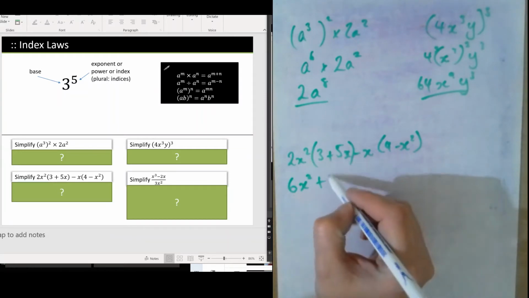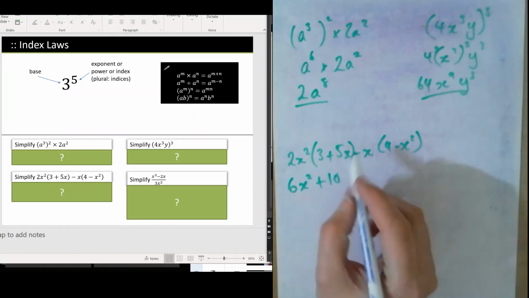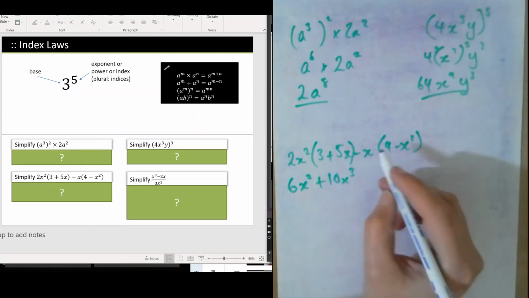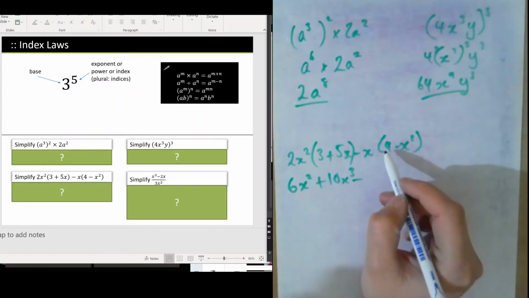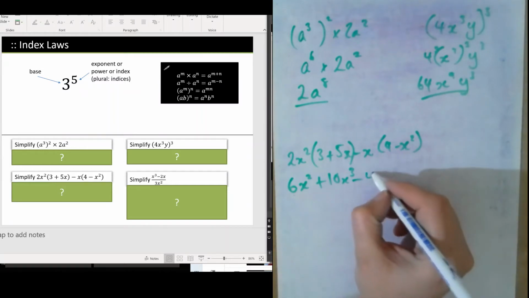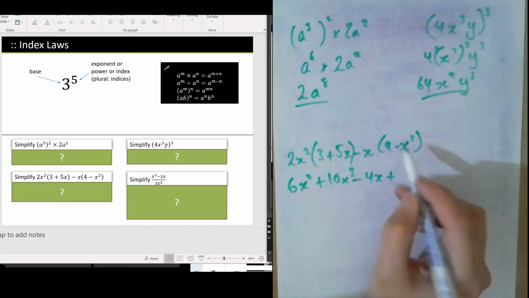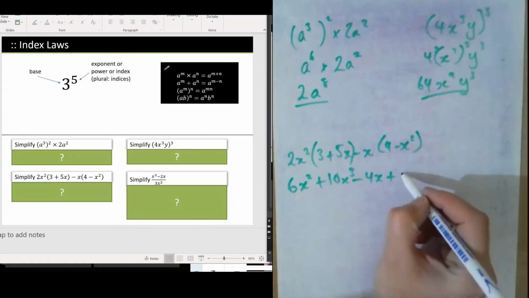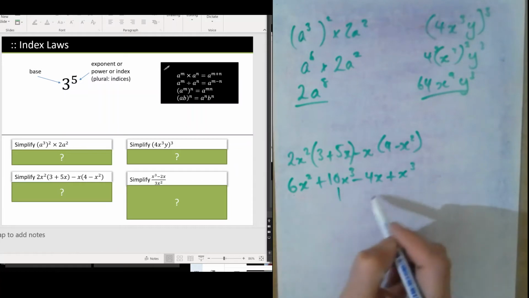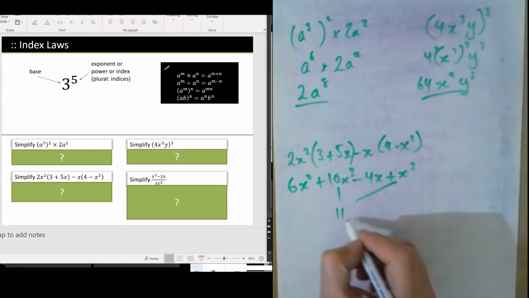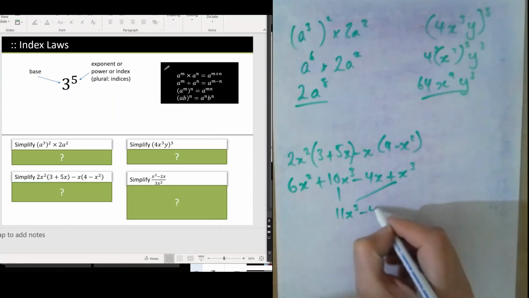Ordinary numbers, 5 times 2 is 10, x times x to the power of 2, add the powers, so we've got x to the power of 3. This is 4 times the x, and then I've got the 2 negatives, so that makes it positive, and then I've got x squared times x, which is x to the power of 3. This is the only one that has shared terms, so I'm going to collect those together.